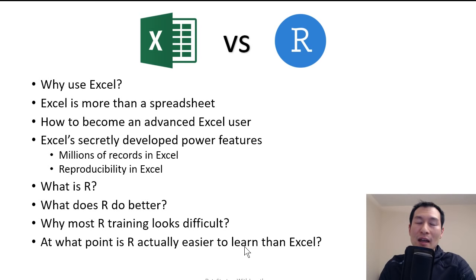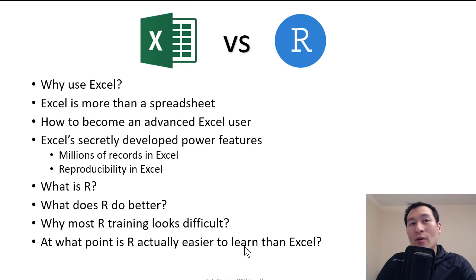And how you can introduce really important data science concepts that you would typically find in a tool such as R, such as reproducibility. I'm going to be discussing those as well, because to be honest, regardless of what tool you use, there are certain concepts which are just really important. And a lot of times, particularly if you're coming from Excel, you're not often familiar with these concepts. So I'm going to be going over some of those.